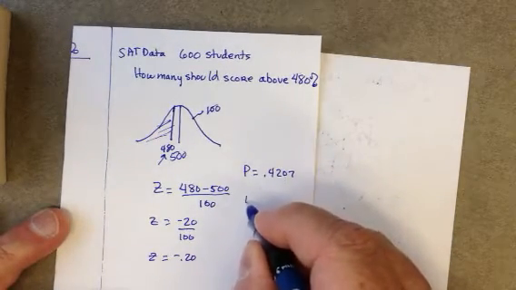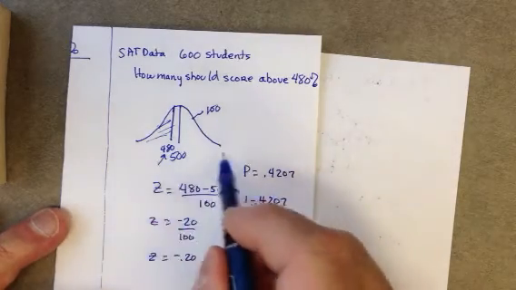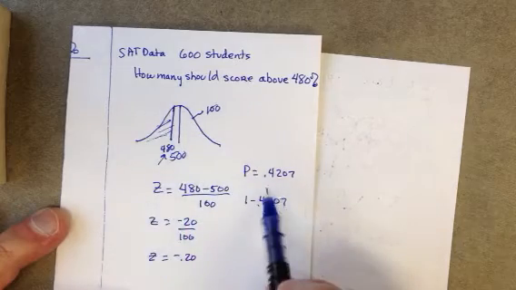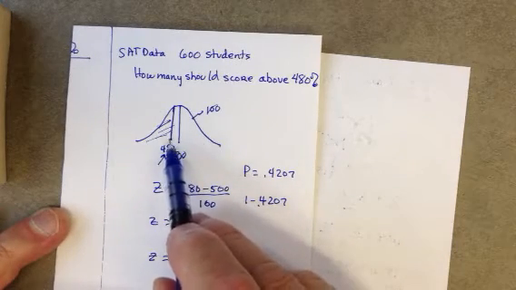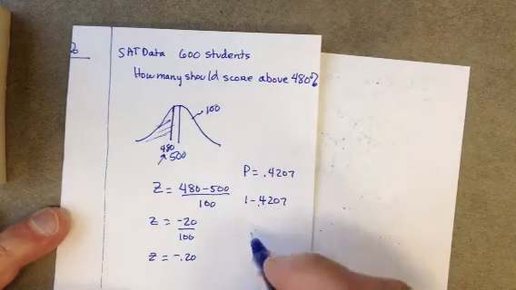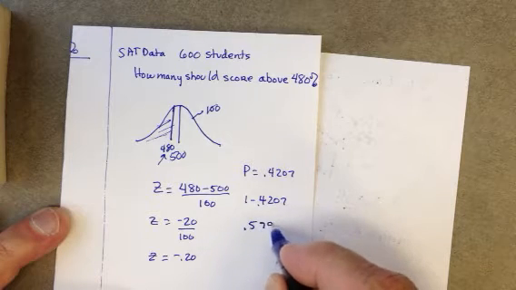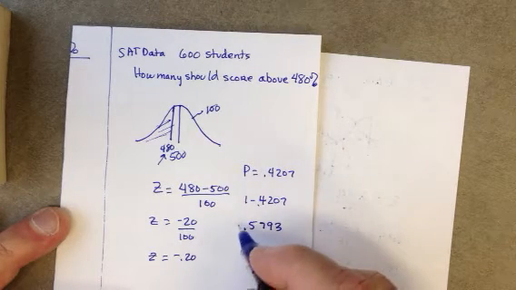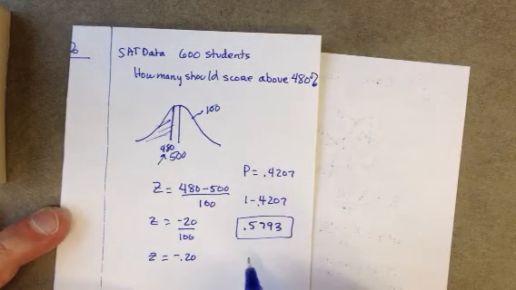So I would subtract this from 1, since all of this adds up to 100%, or 1, to find out what is left on this side. Since there's 0.4207 on this side, the rest of it is on this side. When I subtract this, I get 0.5793. That's the percentage to the right, or the decimal equivalent.